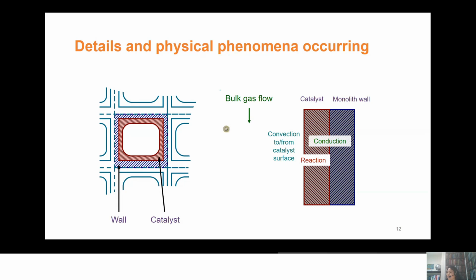So between the bulk gas and the catalyst coating, we have both mass and heat convection. And in the catalyst coating, we have the catalytic reaction and conduction of heat. We are going to use the effectiveness factor, eta, to describe the effect of internal diffusion.